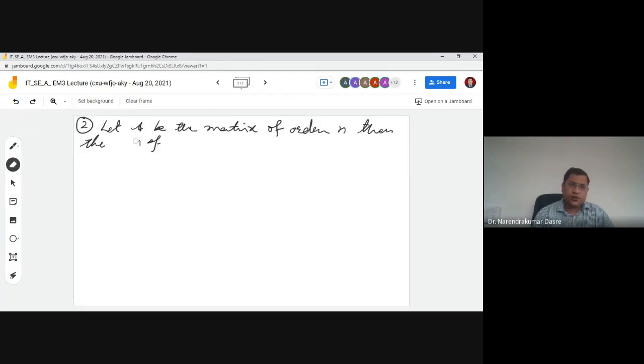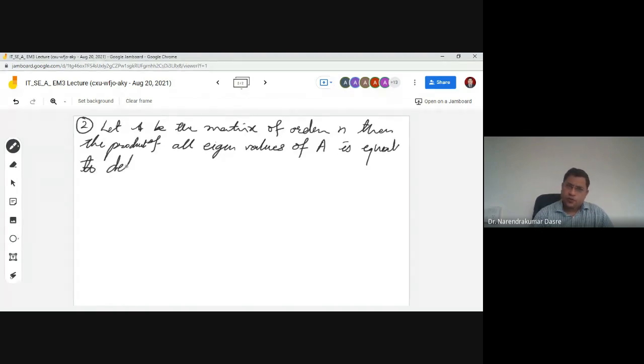Now we want to think of the product. We have seen the sum. The product of all eigenvalues of A is equal to the determinant of A. That is why we wanted to know about the determinant.